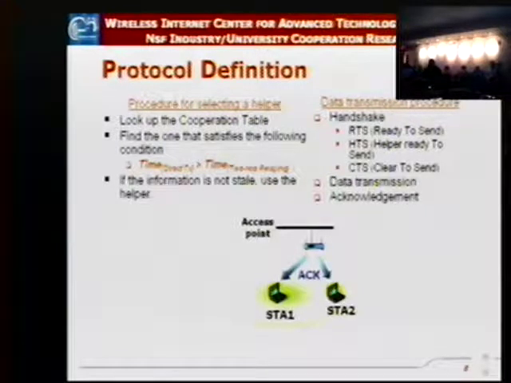I think it's mandatory to use RTS, HTS, CTS, right? So what if the packet size is very small? No, it's not mandatory. If the packets are small, we can transmit the packet directly to station 2, to the helper. So there is a version where we don't have the control packets as in 802.11. If the packet is really small, you don't have to use the control packets and you can transmit directly to the helper.